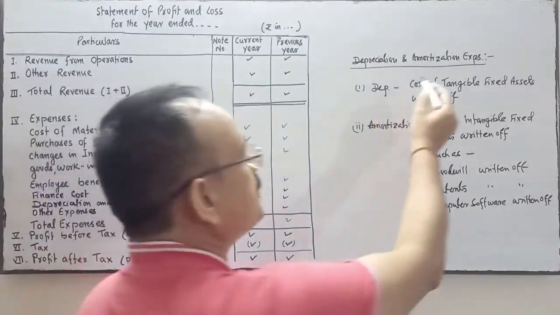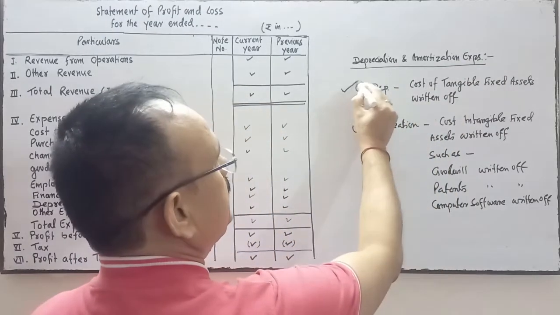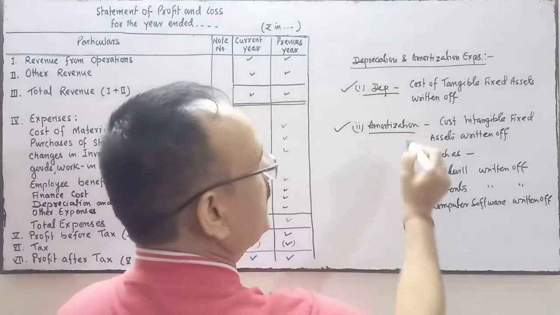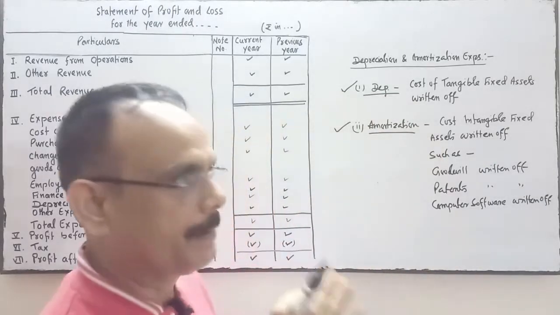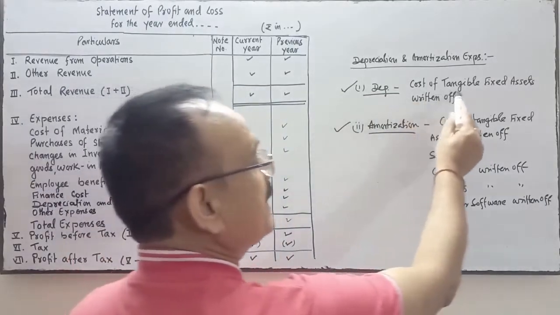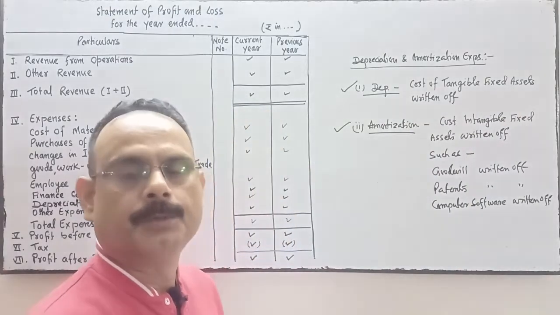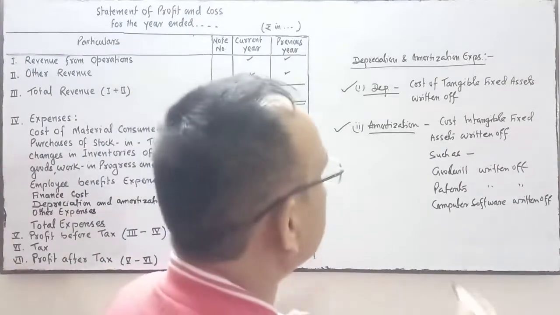So depreciation and amortization, the two things are here. Depreciation means when the cost of tangible assets, for instance land and building, plant and machinery, motor vehicles, are written off.